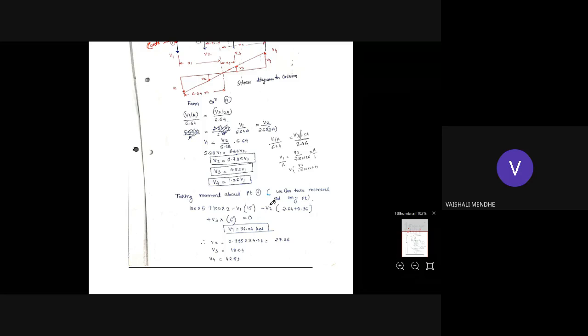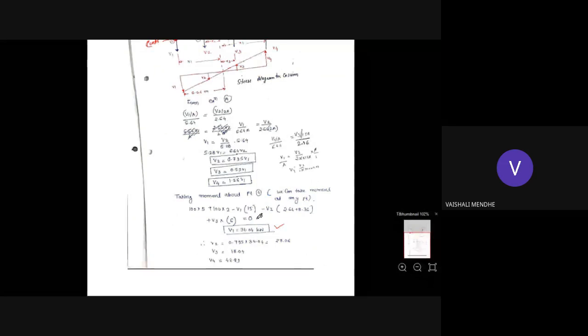After putting this relation in terms of V1 you solve this, you'll get V1 is 34.04 kilonewton. So this is we got the axial force in the lower story columns.